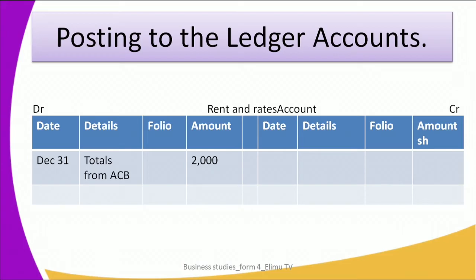So if you said posting to the nominal account, well and good. We have various types of ledgers, and revenue and expenses are usually found in the nominal ledger. So if you said posting to the nominal ledger, well and good.